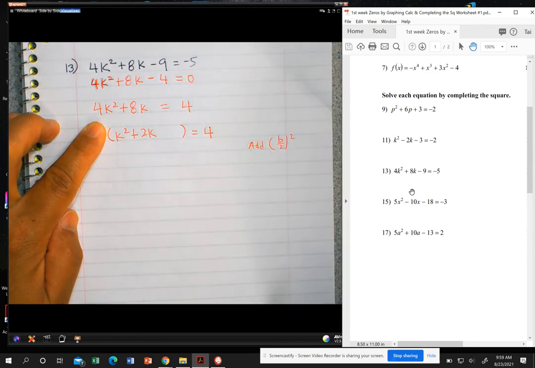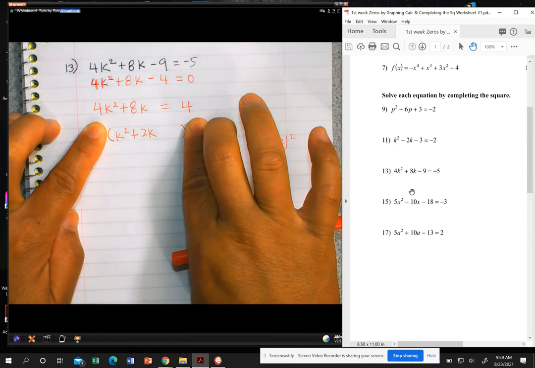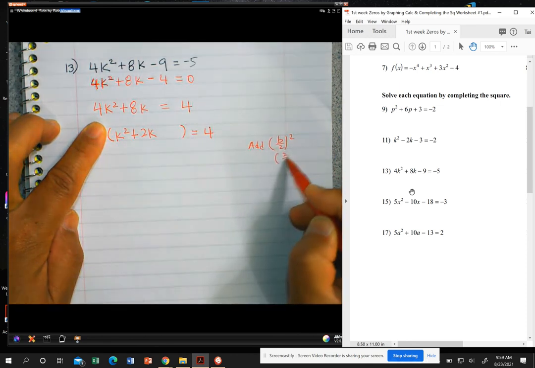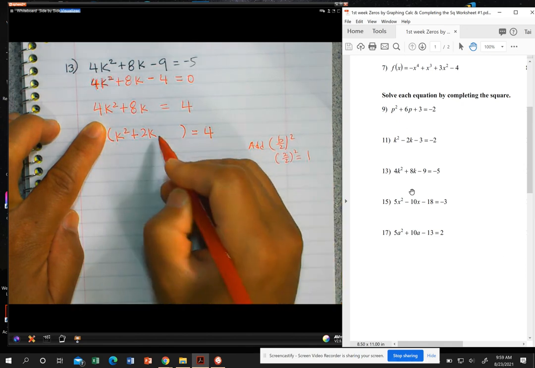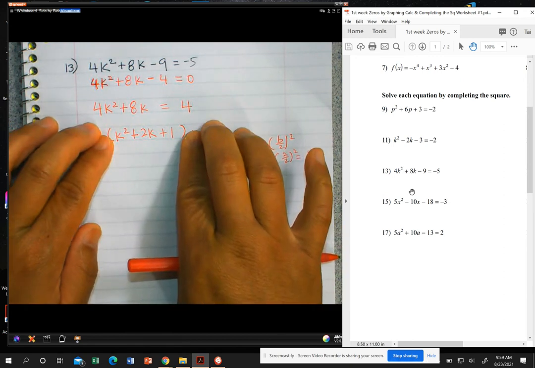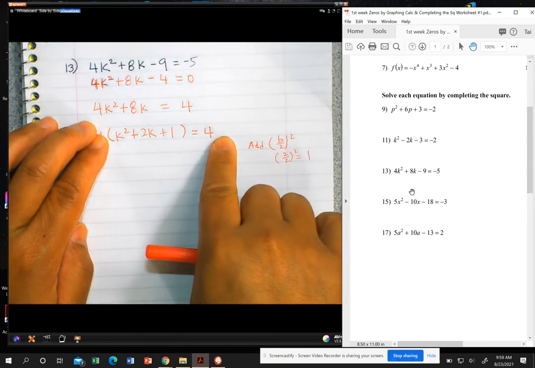So go ahead and find b over 2 squared for me. If I cover this, what is b? 2 over 2 squared, which is equal to 1. So I'm adding 1 here. But be careful, I can't add 1 to the other side. If I'm adding 1 here, I can't add 1 there.